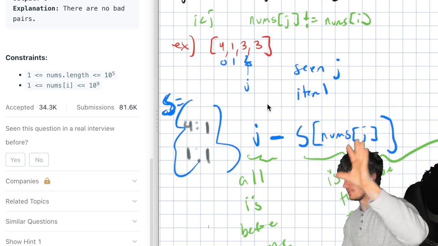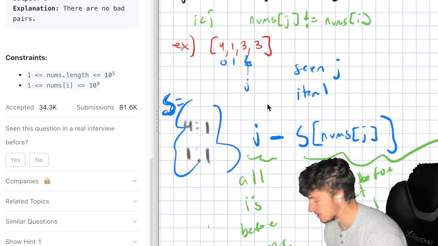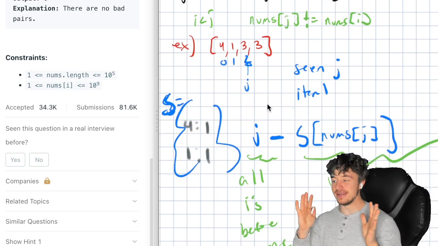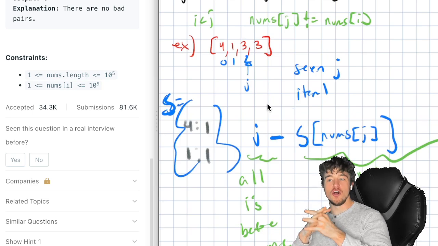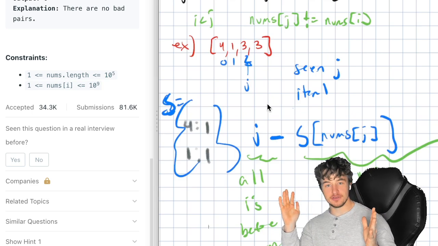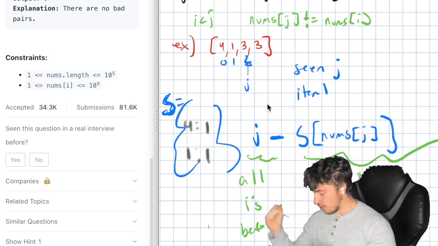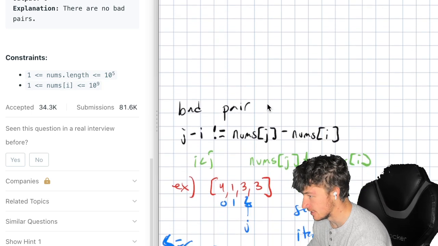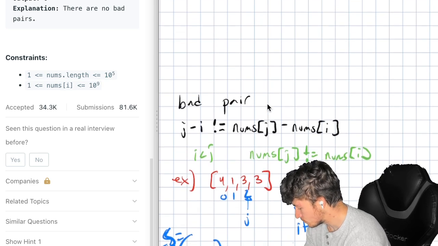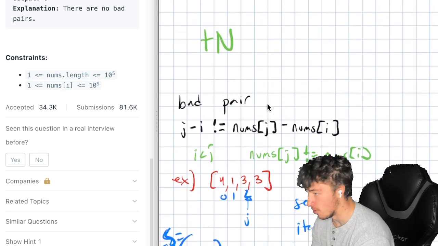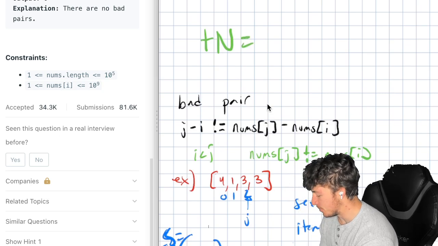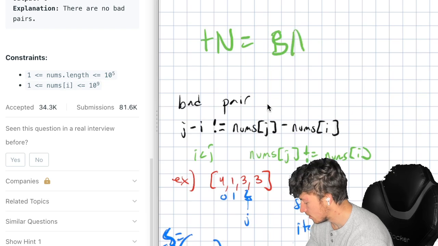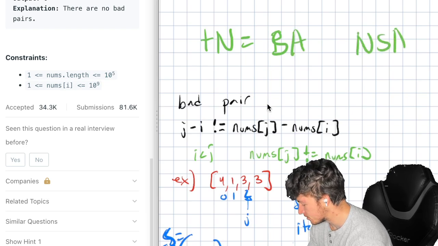And if this concept doesn't make sense, what I'm basically saying is, if you're in a room of people, and you're all talking about your age, well, there's a total number of people, right? I always like to do it like this. There's a total number of people, and there are the people with the same age and people with not the same age.